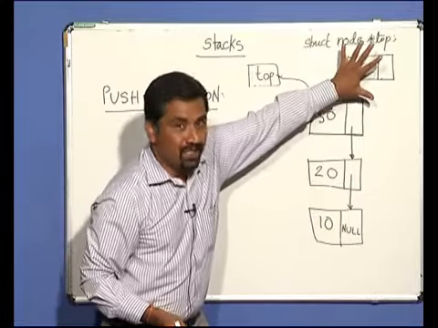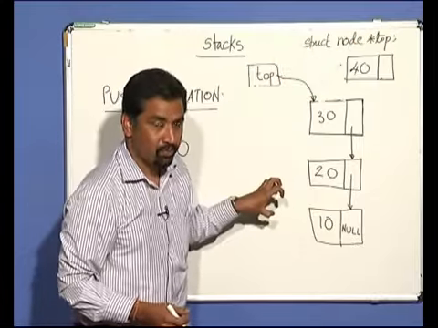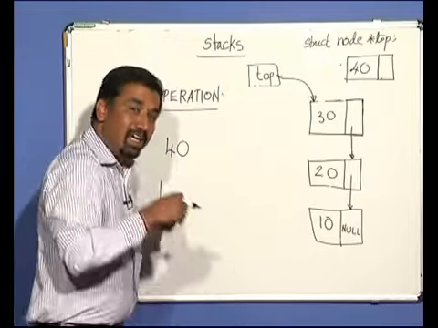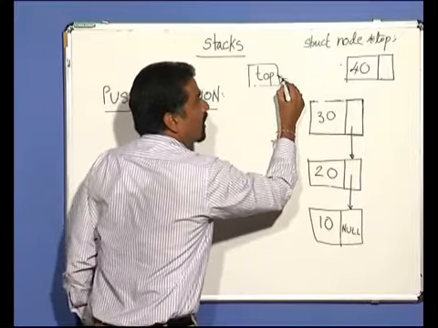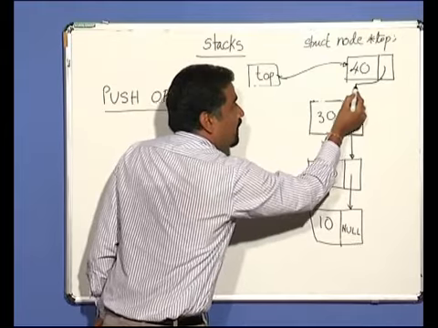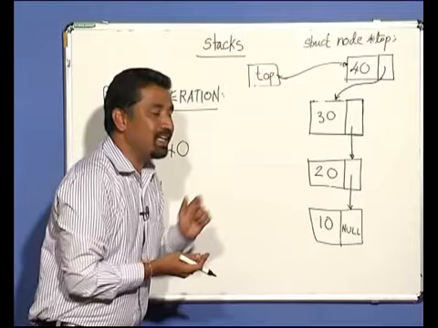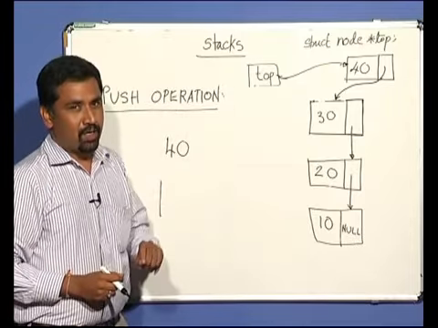I want to insert a new node which obviously will become the top now. So what do I mean by that? When that is inserted, in effect this arrangement should change like this. Top should point to this, and the next field of this new node should point to this. So that is the effect of the push operation.